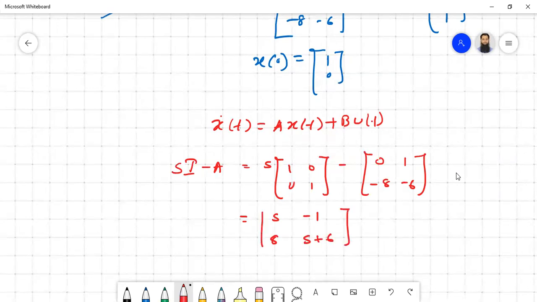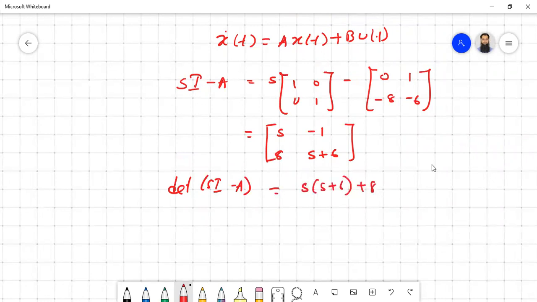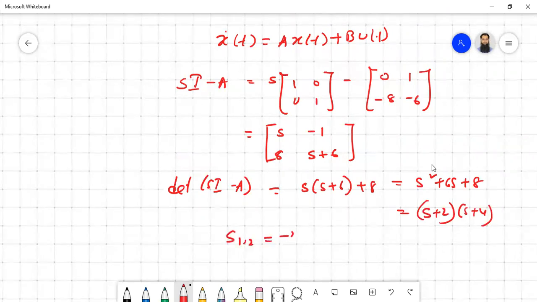Now find the determinant to get the eigenvalues, the poles. Determinant of (sI minus A) equal to s times (s plus 6) plus 8, so s square plus 6s plus 8, which is nothing but (s plus 2)(s plus 4). So s1, s2 are minus 2 and minus 4.